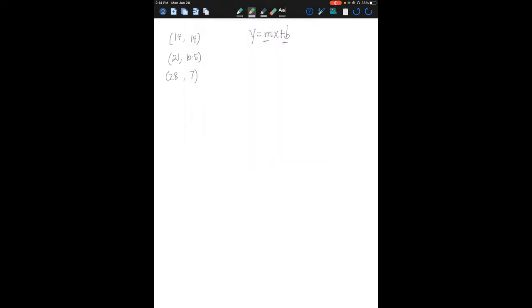We're going to be using two coordinates. Let's pick this one and this one. So we know the slope formula, y2 minus y1 over x2 minus x1. 14 minus 10.5 over 21 minus 14, what you get is negative 4.5 over 7.